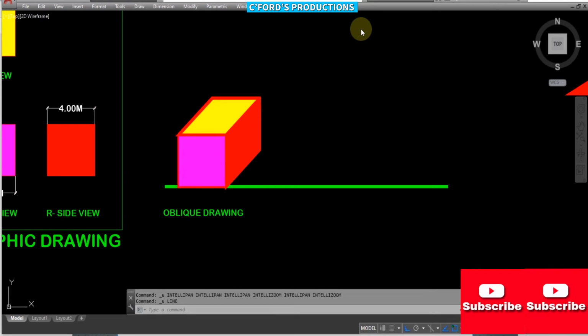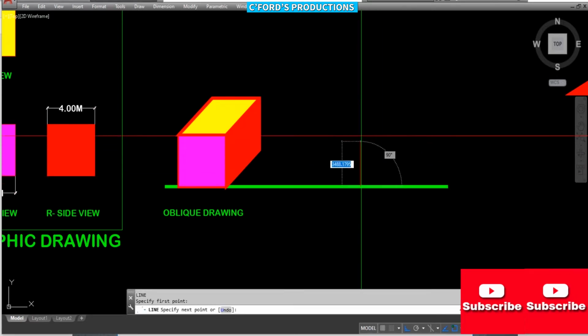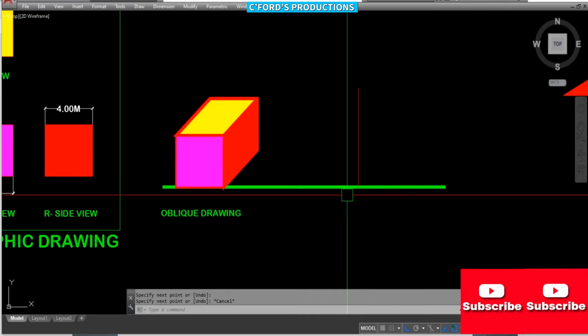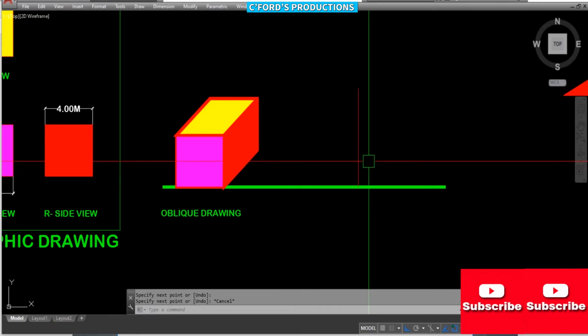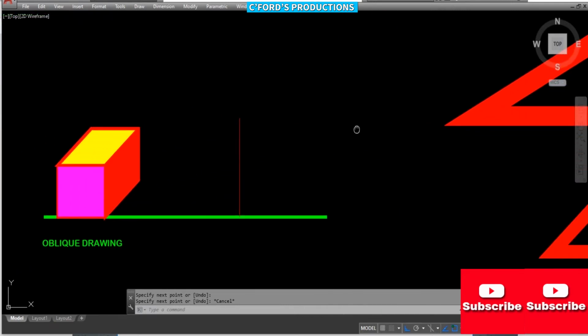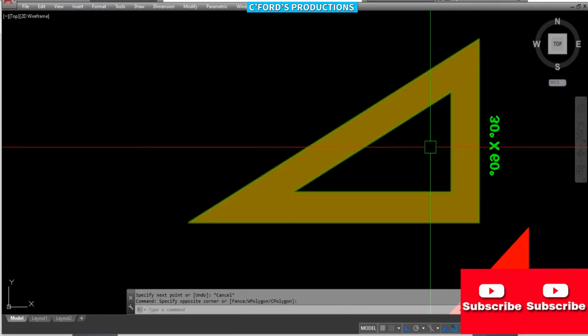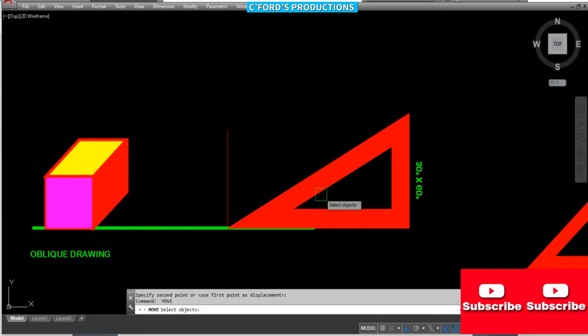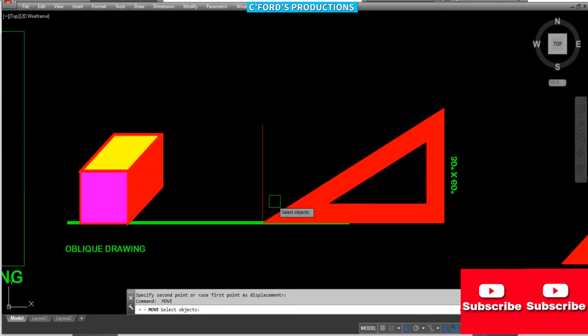So in isometric drawing, we will use this line. So we create a line. So this line is perpendicular to the plane. So in making an isometric drawing, we will use the 30-degree triangle or 30 by 60 triangle.